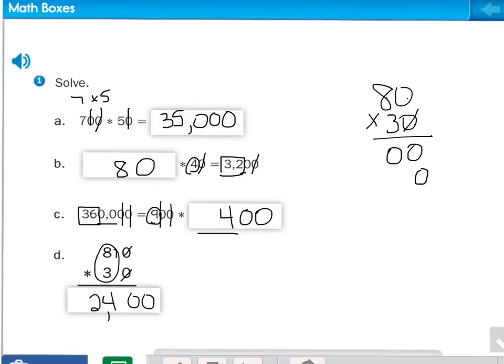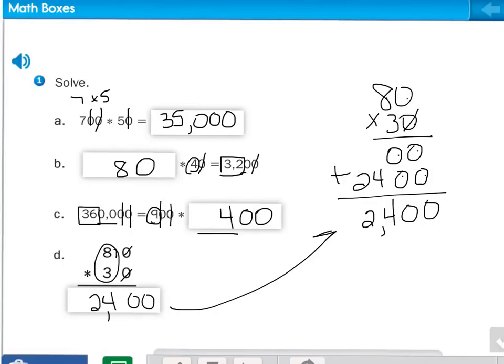So 30 times 0 is 0. 3 times 8 is 24. And then when I add those two up, 0 plus 0 is 0, 0 plus 0 is 0, 4 plus nothing, and 2 plus nothing, 2,400. Again, giving us the same answer, just doing it in a little bit of a shortcut.